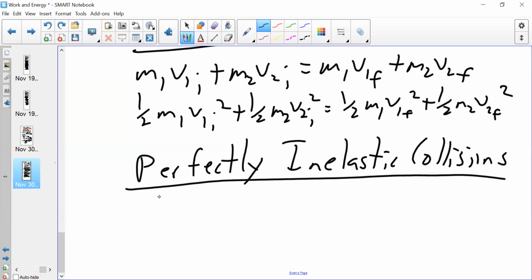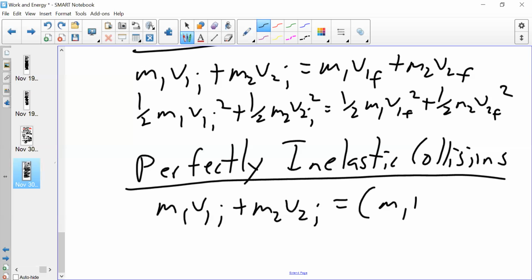So in the beginning, both the objects don't have to be together. One of them can be at rest, it doesn't matter. Even in the elastic case too. So both masses hit, stick together, and move at one common speed.